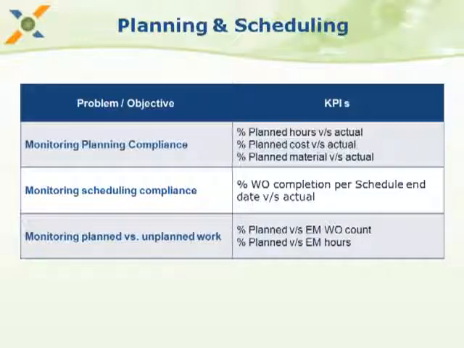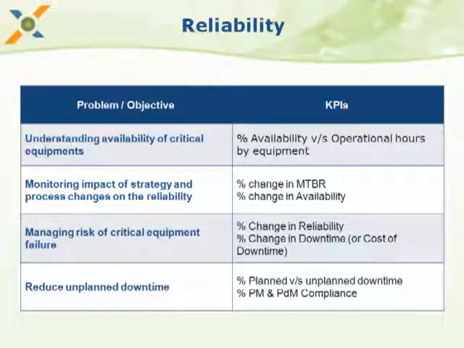From a reliability standpoint, there are other areas like understanding availability and criticality of the equipment. We can monitor percentage availability versus operational hours by equipment class or for critical equipment. Some of these things can be done for only critical equipment. We don't have to do it for every single piece of equipment.